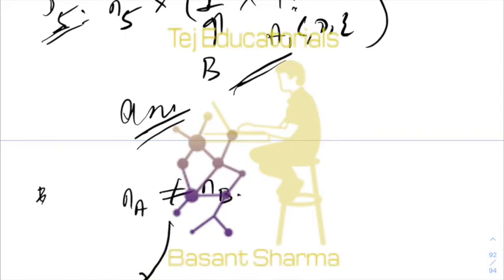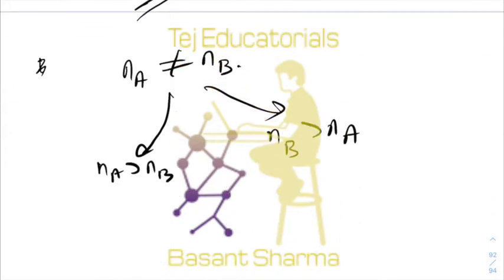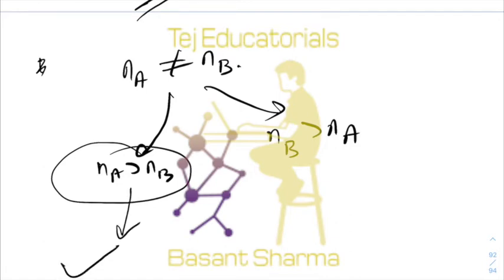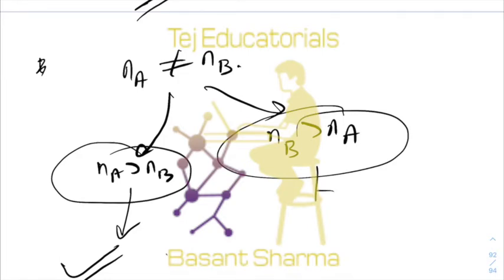Then this is the same as saying either NA is greater than NB or NB is greater than NA, right? Now NA greater than NB we have already found out, and by symmetry this will be the same, so this will be twice the answer of the previous part.